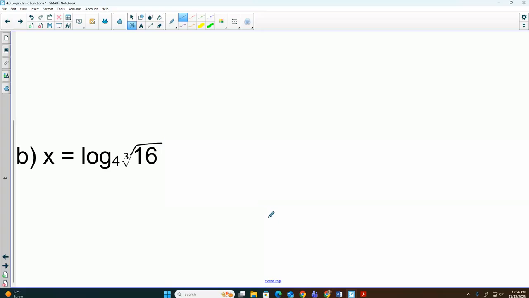Let's solve this equation. How would I solve this? There are a couple different ways of doing it.